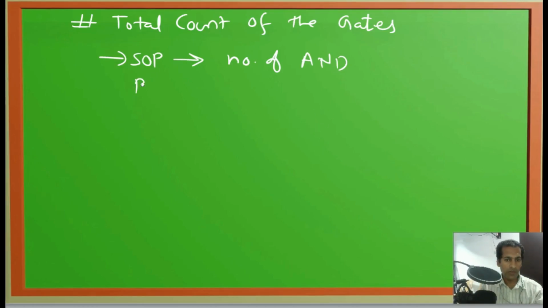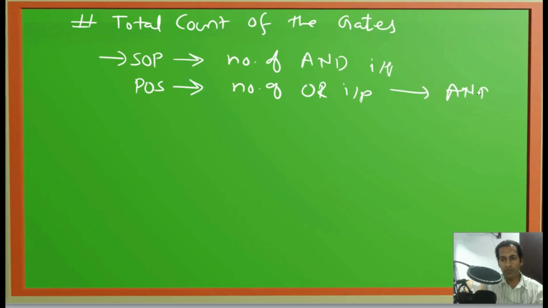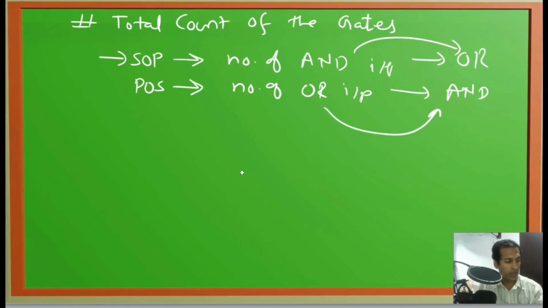If the expression is in POS form, then we will find the number of OR inputs and the number of OR gates feeding the AND gate. Here AND gates feed OR gates, and there OR gates feed the AND gate. If it is in hybrid form, then we will count the gate inputs and the gates feeding other gates.